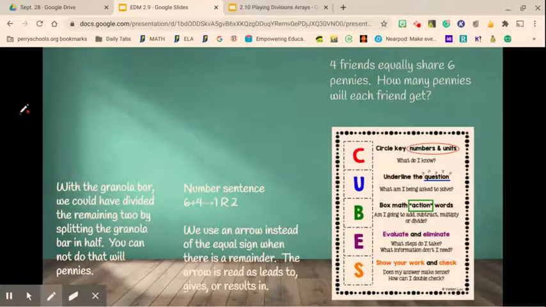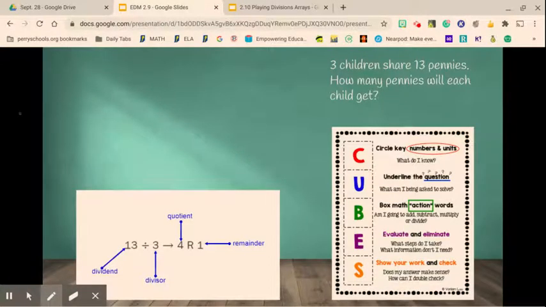We're going to do some more practice with these sharing equally problems with remainders. So my next one, I have 3 children, and they share 13 pennies. How many pennies will each child get? So I know that I have 3 children, and I have 13 pennies.